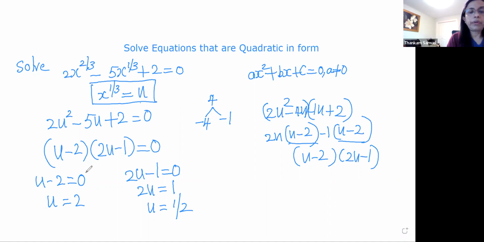So instead of u, you have to substitute the values 2 and 1/2. So let's go to the next page. So we got the values as u equals 2 and also u equals 1/2.